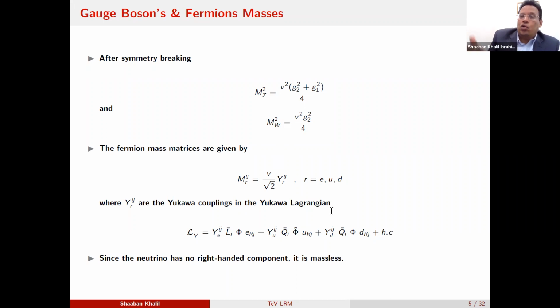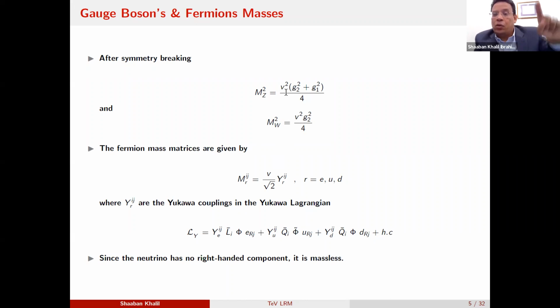And indeed, once you break it with the vacuum expectation value V, then you start to generate the mass of the gauge bosons. MZ and MW start to be non-zero, and are proportional to V square times the gauge coupling of the symmetry. And this is the reason why we have it.